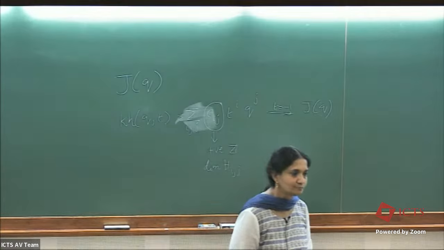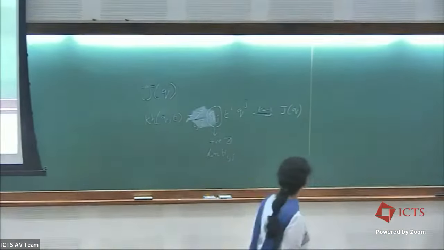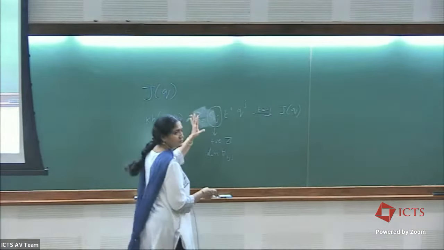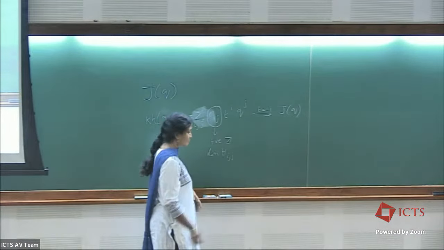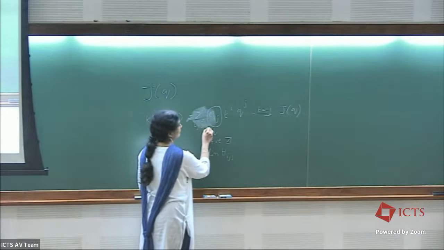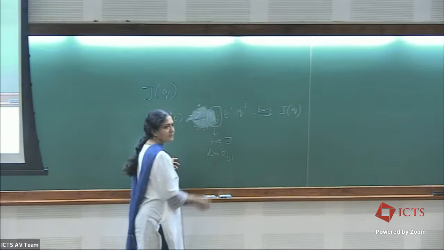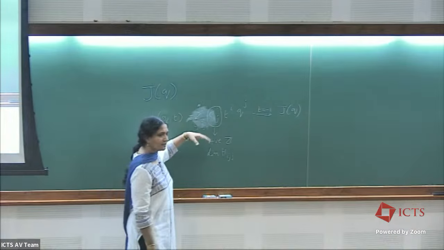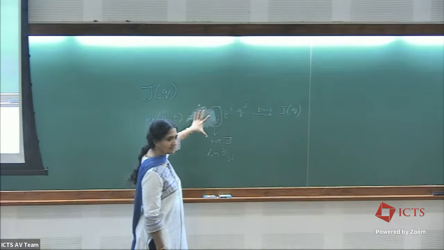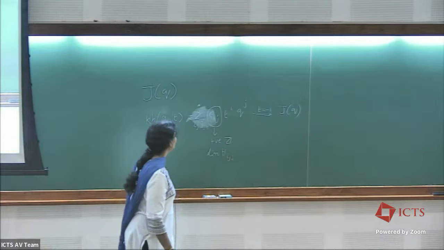Is it an infinite series or is it a polynomial? It's a polynomial. The cutoff is fixed. It's not infinite. It will be from 1 to some number. I don't know the number, but it's finite.